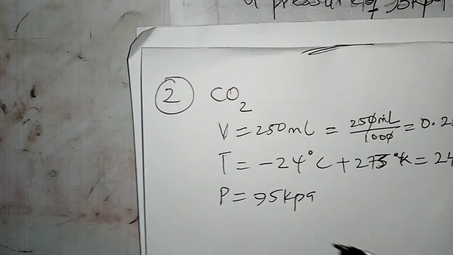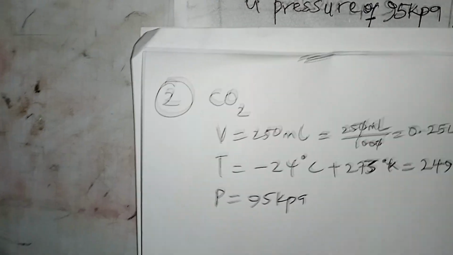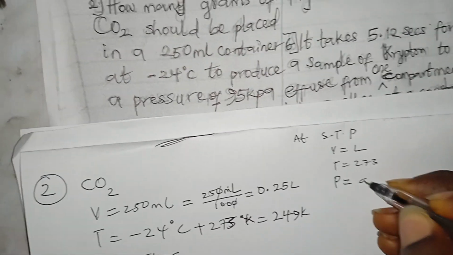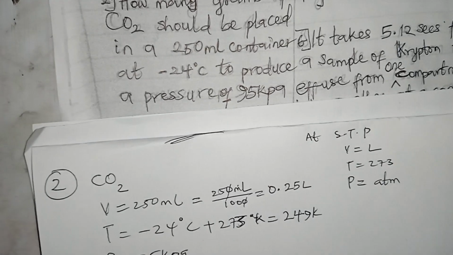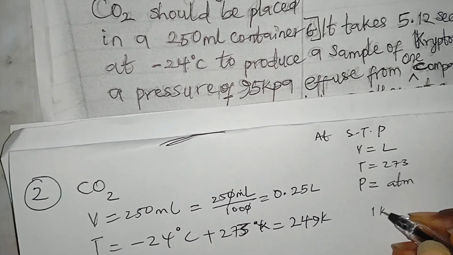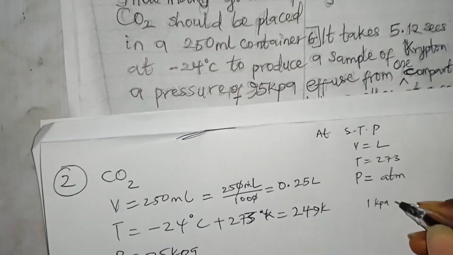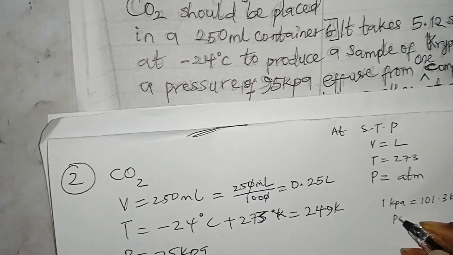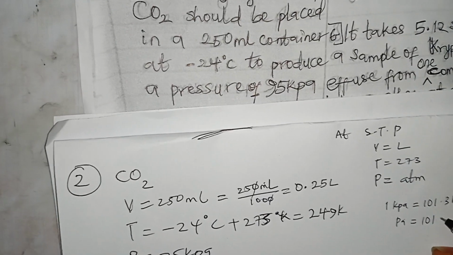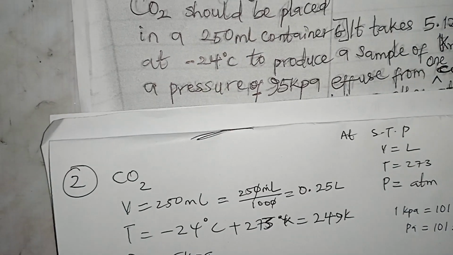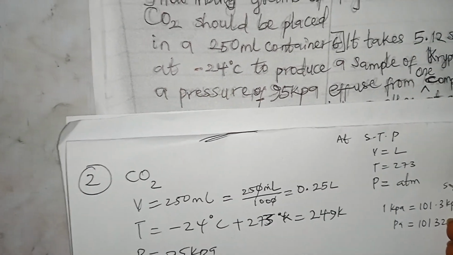Then for pressure, you need to know that at STP, pressure is in atm. So I also want to teach you this: 1 atm is 101.3 kilopascal, 1 atm is 101,325 pascal, all at STP.